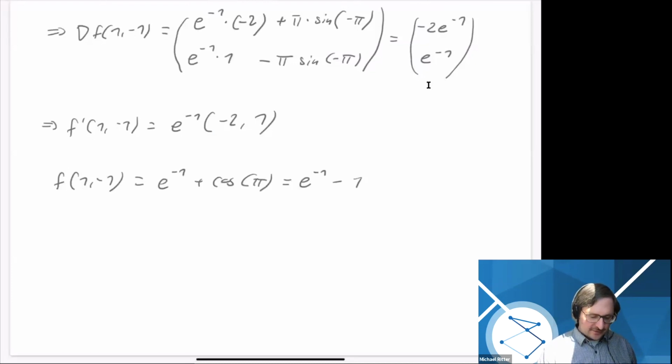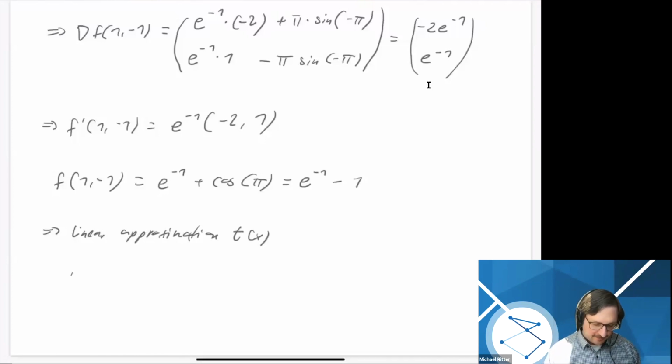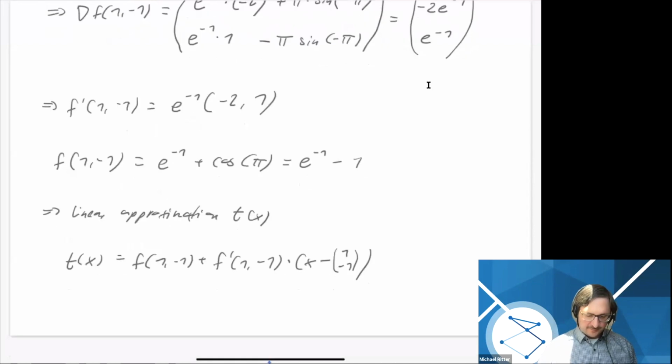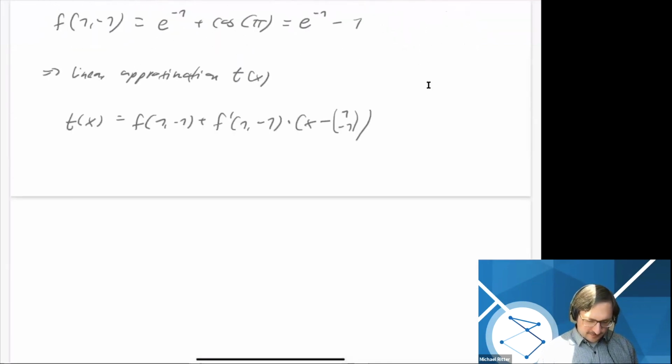So that yields our linear approximation, and that linear approximation is the tangential plane that we're looking for. We call that T of x for a tangential plane. So T of x is f at (1, -1) plus f prime at (1, -1) times x minus this point (1, -1). What we're getting is, well, f is e to the minus 1 minus 1.